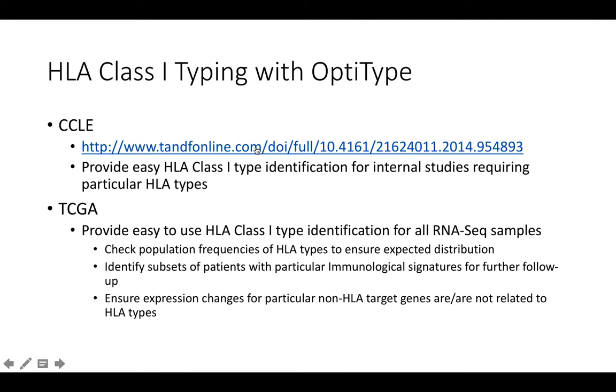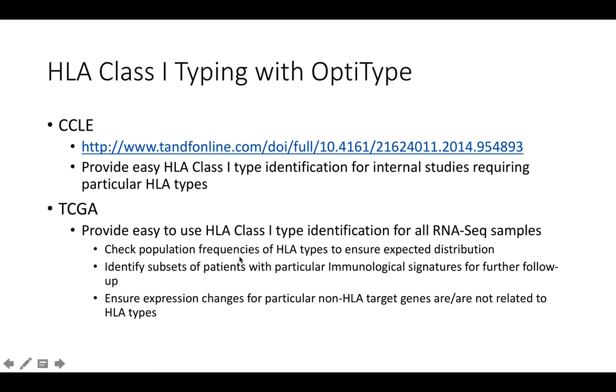For the cell lines, there's been a number of papers, and I listed this one here for you to read on how this could be useful. But if, for instance, you needed a breast cell line that had a particular HLA-A type, you would be able to easily filter and see that here. And I'll show you that in a second. And then for TCGA, some example things that you could do with it would be to check population frequencies of HLA types to ensure that there's expected distribution.